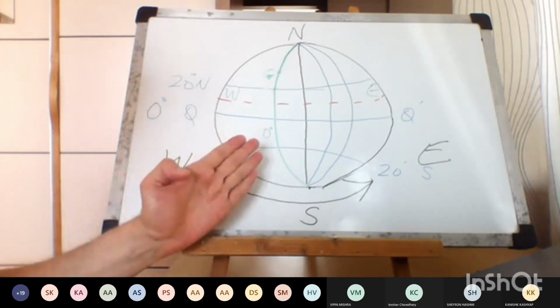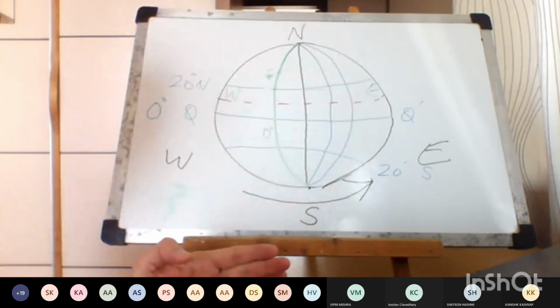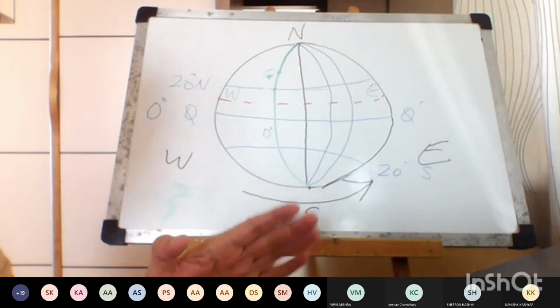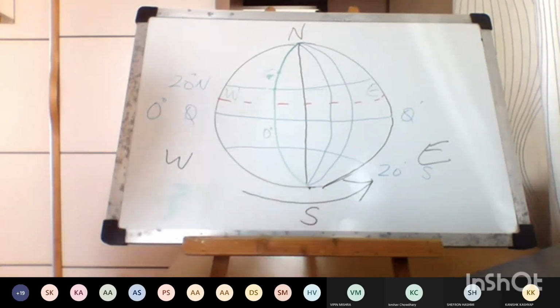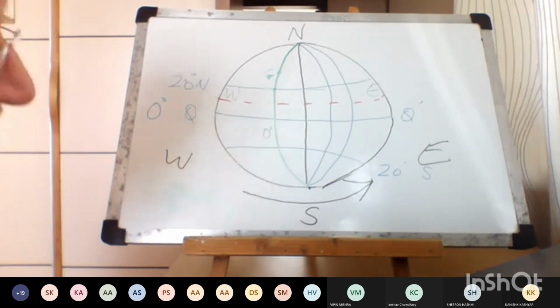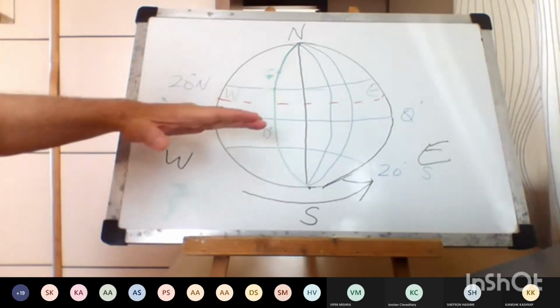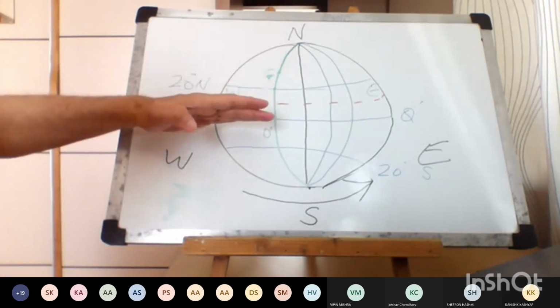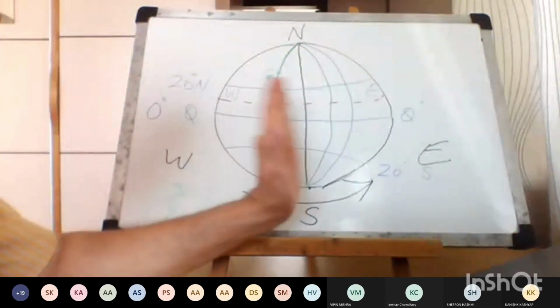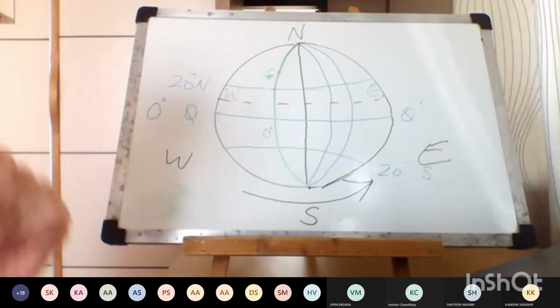The meridian opposite to zero, we call 180 degrees, because after 179 east we say 180, after 179 west we say 180. So now we have divided the Earth into two halves, the northern hemisphere and the southern hemisphere, and vertically the eastern hemisphere and the western hemisphere.